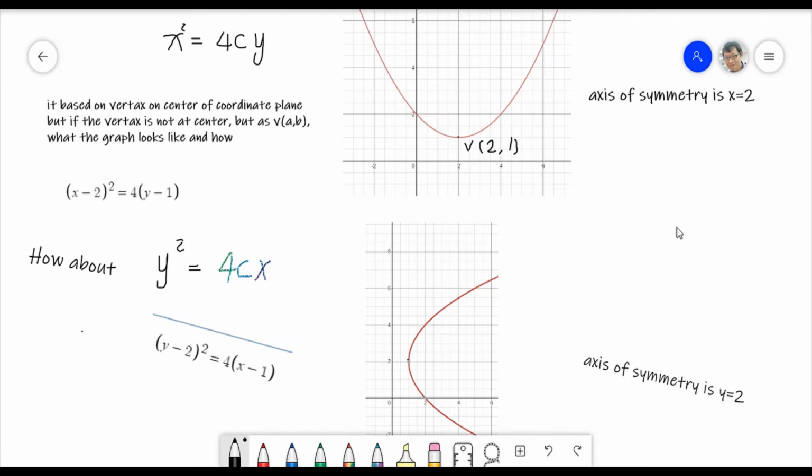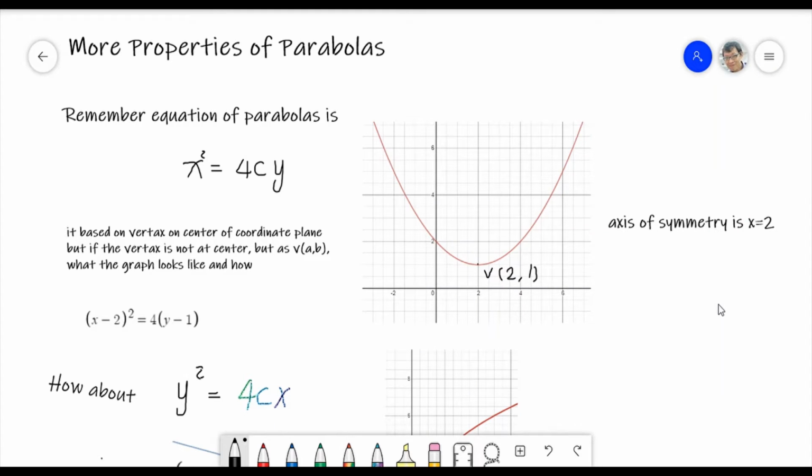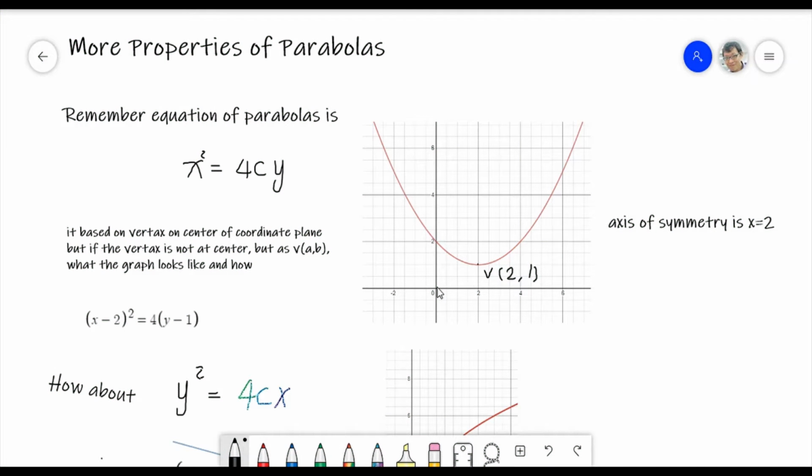Also, based on this graph, the vertex can be changed. For x squared equals 4cy, the vertex is at the center of the coordinate plane, so it's (0, 0). But here the vertex changes to (2, 1).